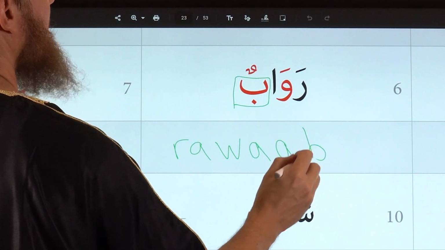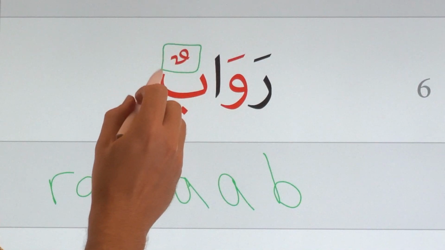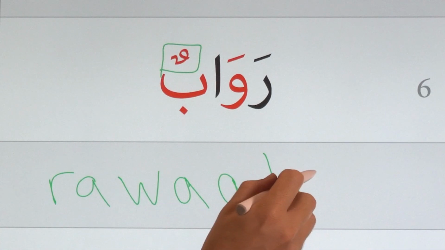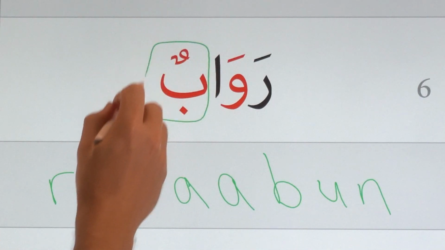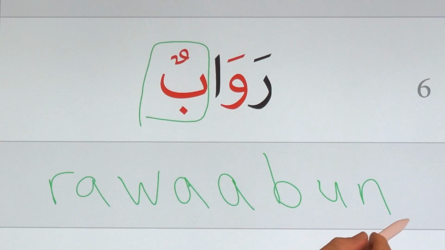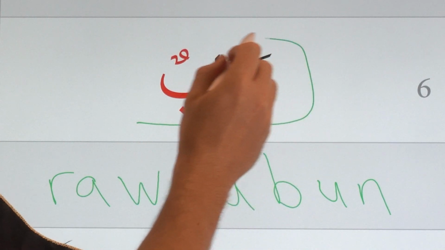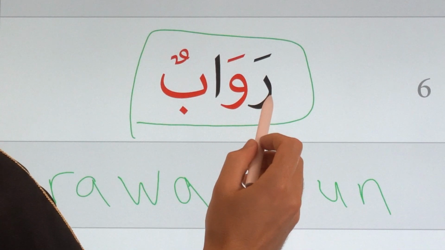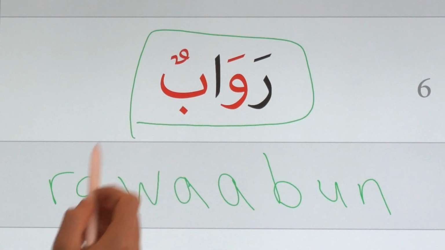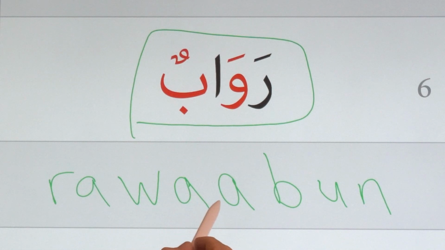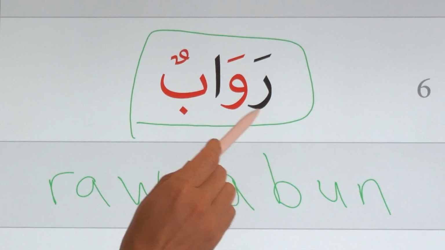So we're going to write a B for the Ba. Above the Ba, we find Tanween Dhamma, so we write a U for the Dhamma and N for Tanween. So together, this would be pronounced Bun. So now if we read all of this together, it would be Ra, Wa, A, Bun. Rawabun.